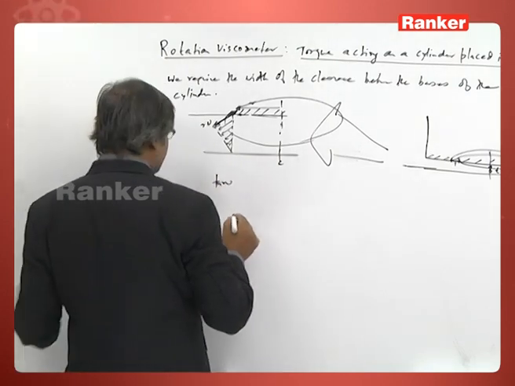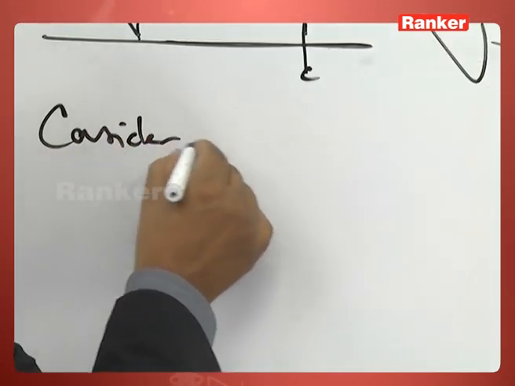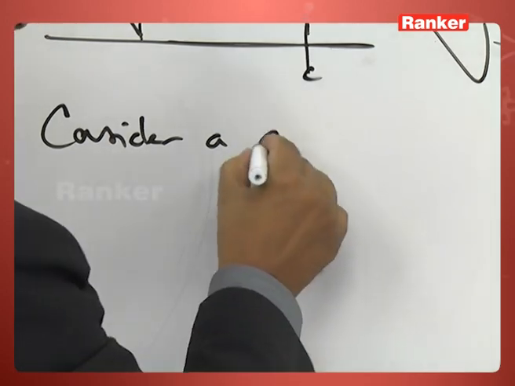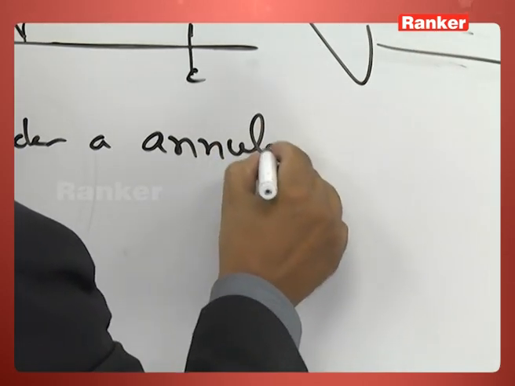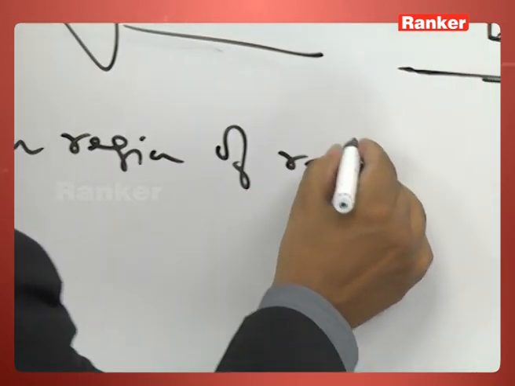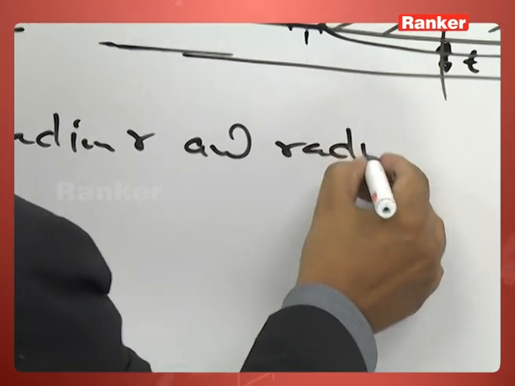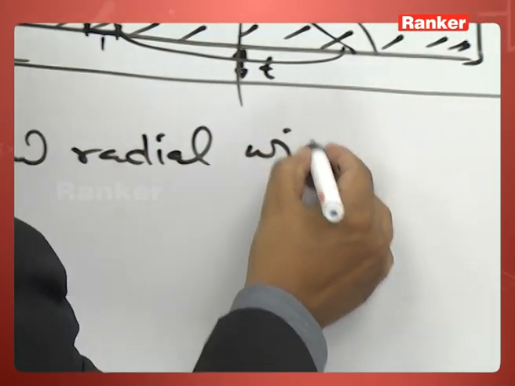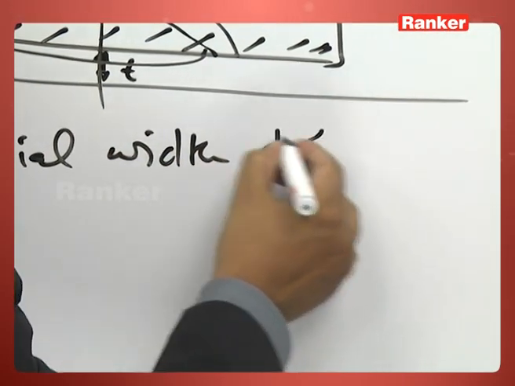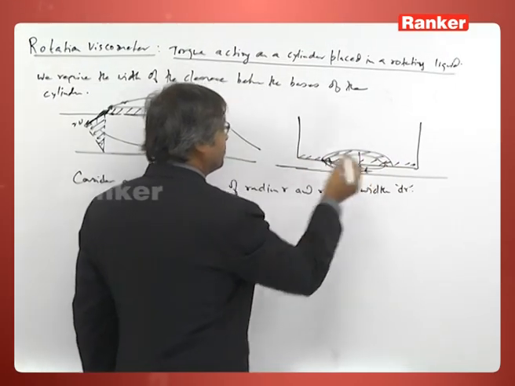Consider an annular region of radius r and radial width dr. This is the annular region, the shaded part.